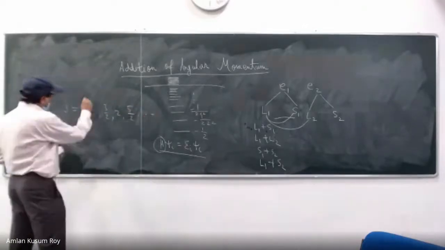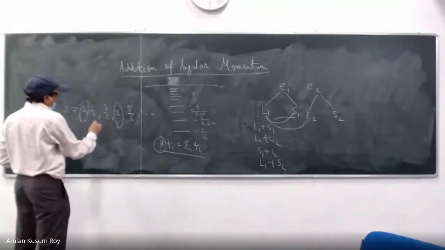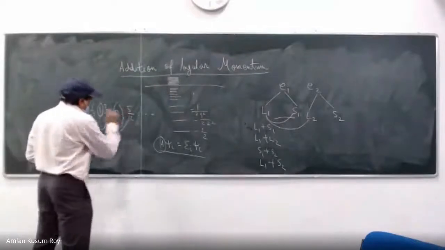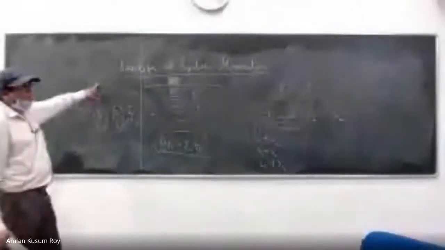The integral ones were covered by L. But what about the half integral? L cannot take them, so we realized there may be some other quantum number which can.